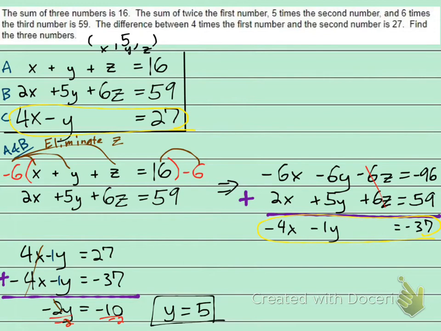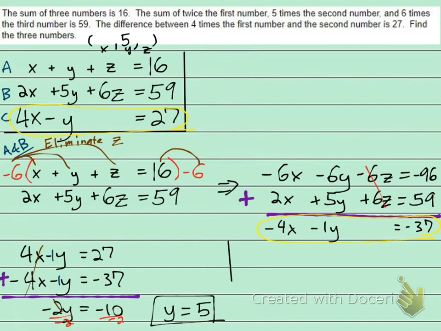Let's plug it in, and let's find x. Okay, now I can use either one of these equations that are circled in yellow. You see how I have an x and a y, and if I plug in the y, I will be able to find x. I'm going to use this one up here. So 4x minus y equals 27.